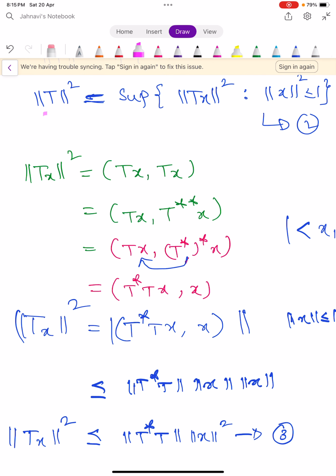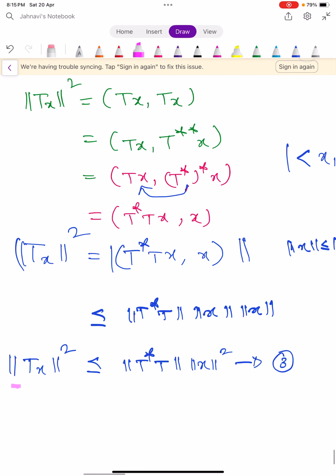What is equation 2? Norm T square is equal to the supremum of norm Tx whole square such that norm x square is less than or equal to 1. You see this equation number 3, norm Tx whole square is less than or equal to norm T star T norm x square.